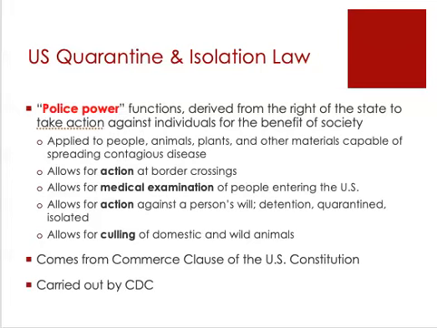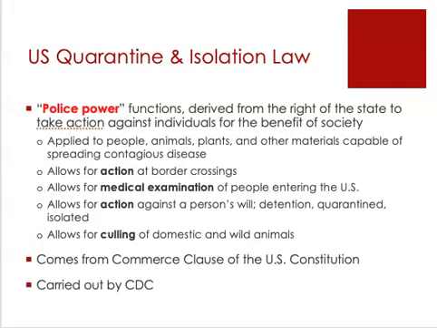The other thing you should know is that this clause in the Constitution allows, again, state and federal government to destroy plants and animals that are capable of spreading infectious disease. The word we use is culling when we apply it to animals.